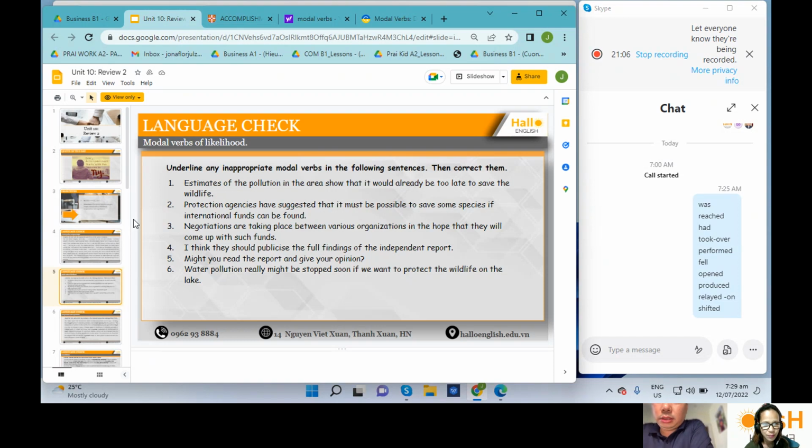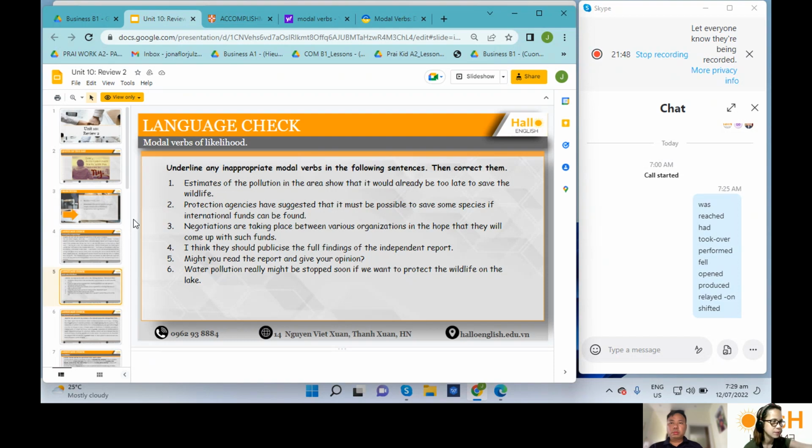Protection agencies have suggested that it must be possible to save some species if international funds can be found.